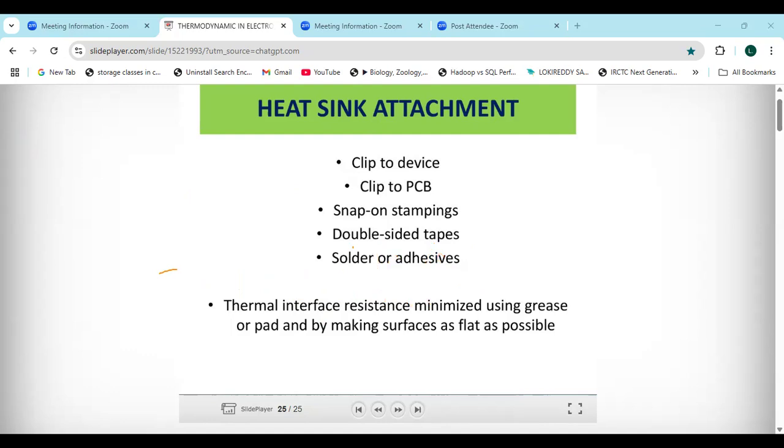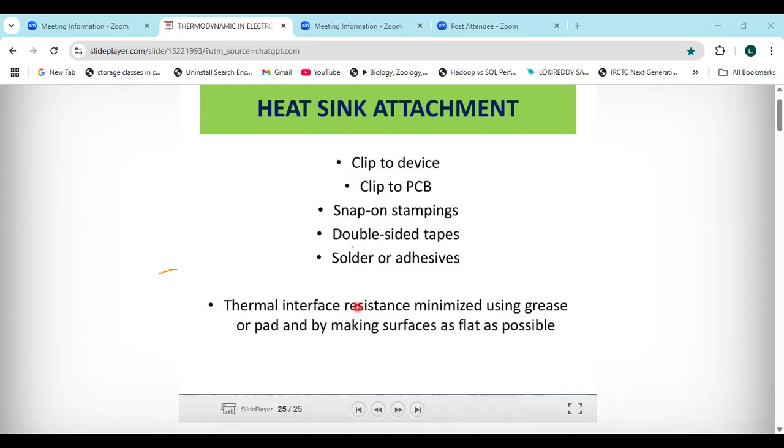So finally, I want to conclude this course. We have completed our course with the help of those 10 lectures. We have explored the fundamental principles, methodologies, and tools used in designing reliable and efficient electronic systems.